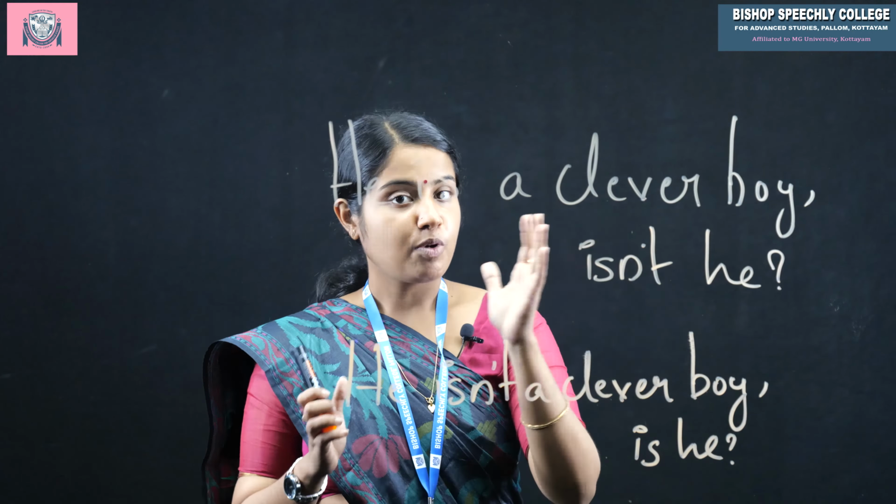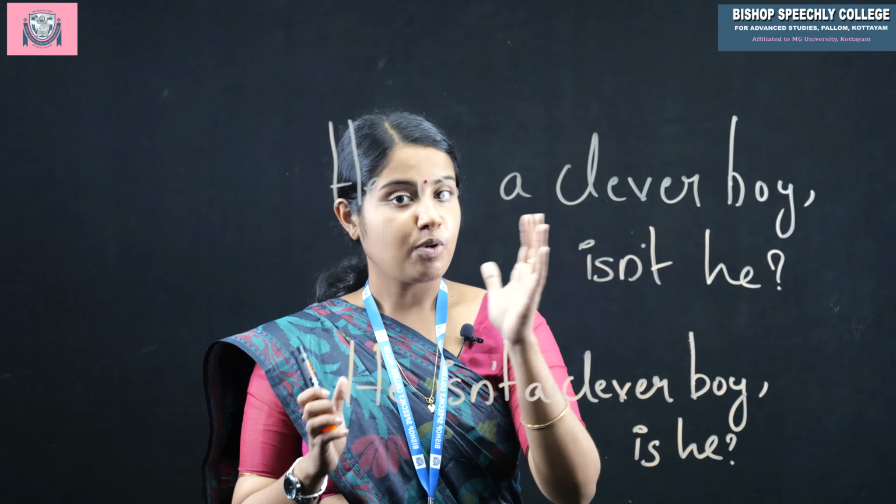Here I have written the example of a positive question tag. He isn't a clever boy. He is not a clever boy. This is a negative statement. And in this case, I have selected the auxiliary verb is and also added the subject he. Okay, so since this is a negative statement, I have given a positive question tag to it.